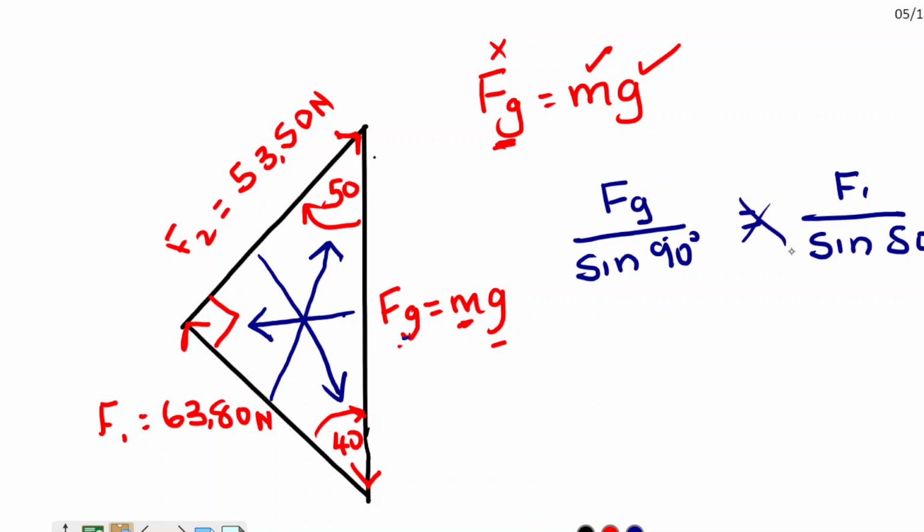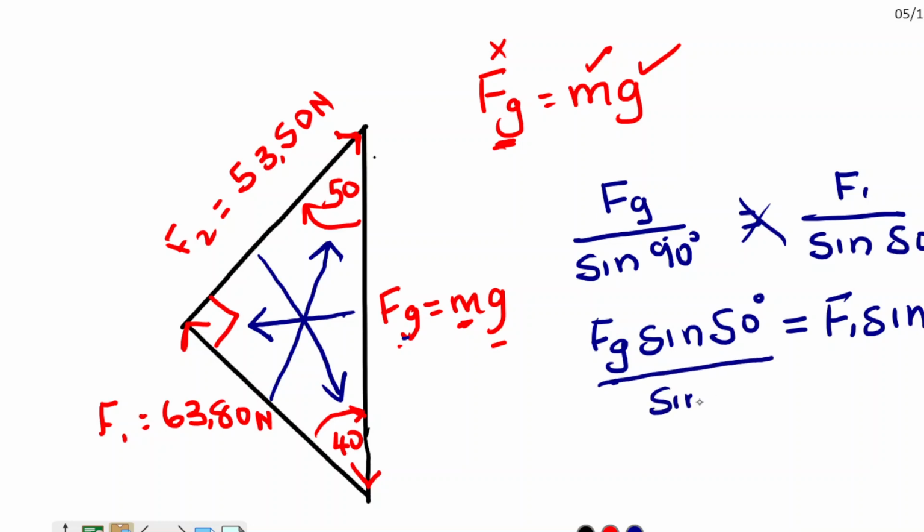Then I'm going to cross multiply here. I'm going to say FG, which is the side that I want, multiplied by sine of 50 degrees is equal to F1 multiplied by sine of 90 degrees. Then I'm looking for FG, so I'll divide all of this by sine of 50 degrees. What I do on the left, I also do on the right.